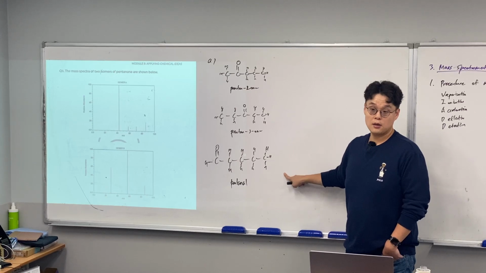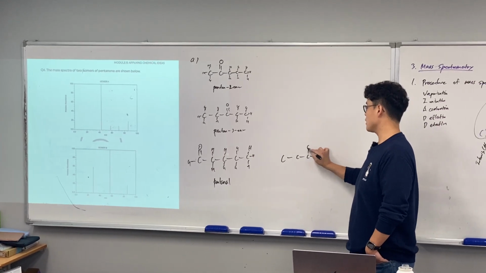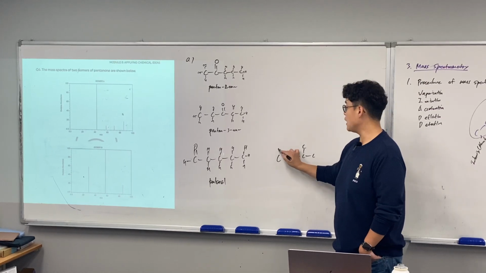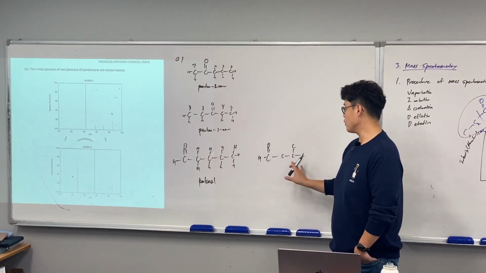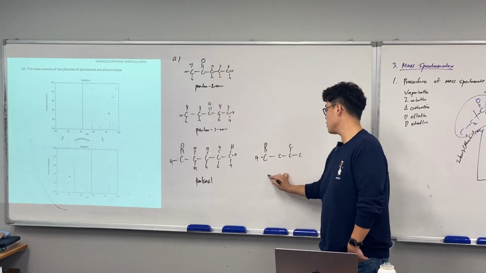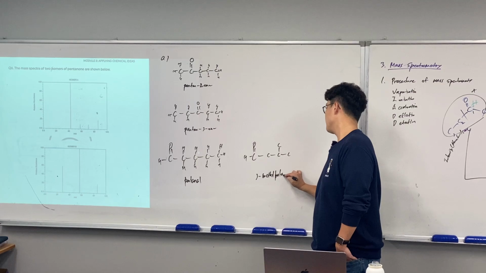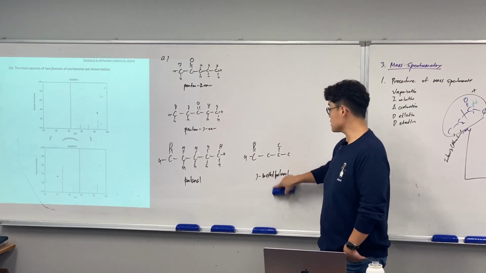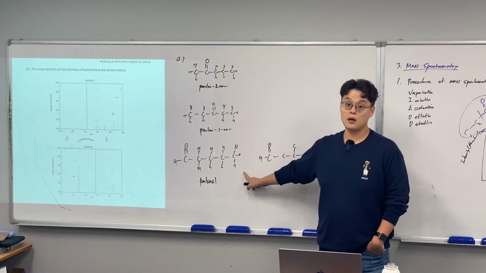Yes, you can. A chain isomer would be like this: 1, 2, 3, 4, and we have carbons and a methyl, with the aldehyde. The name of that would be 3-methylbutanal. These two are now chain isomers.